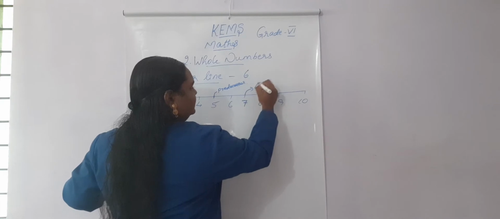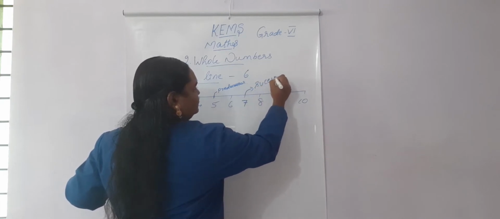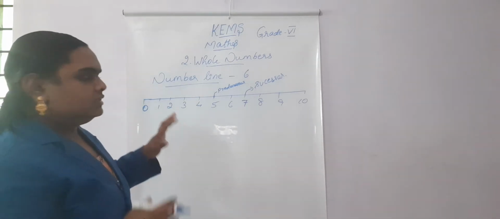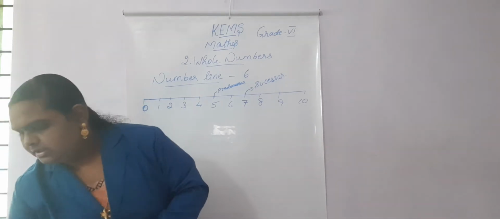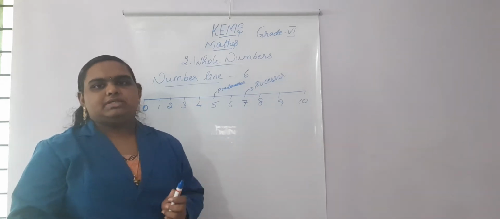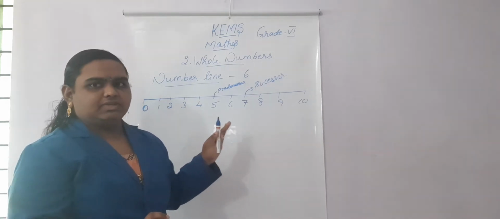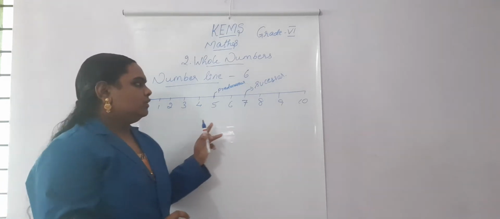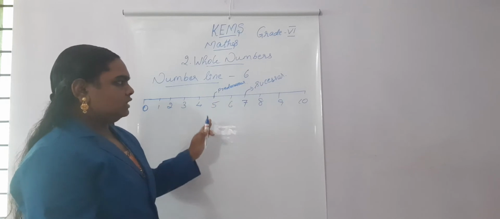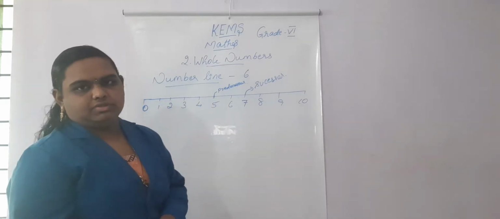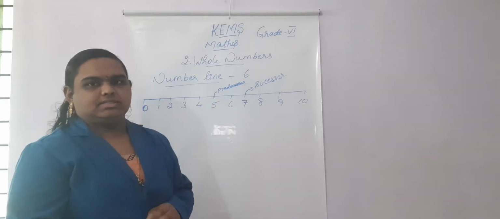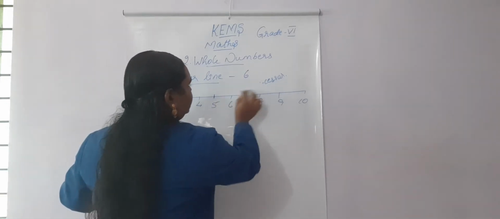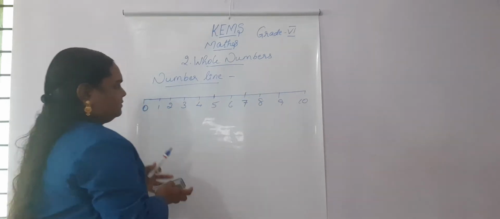So, 7 is the successor. This is the method we have to follow to find the predecessor and successor. Is it any difficult? No. We have to subtract one from the number and add one to the number to find the predecessor and the successor.